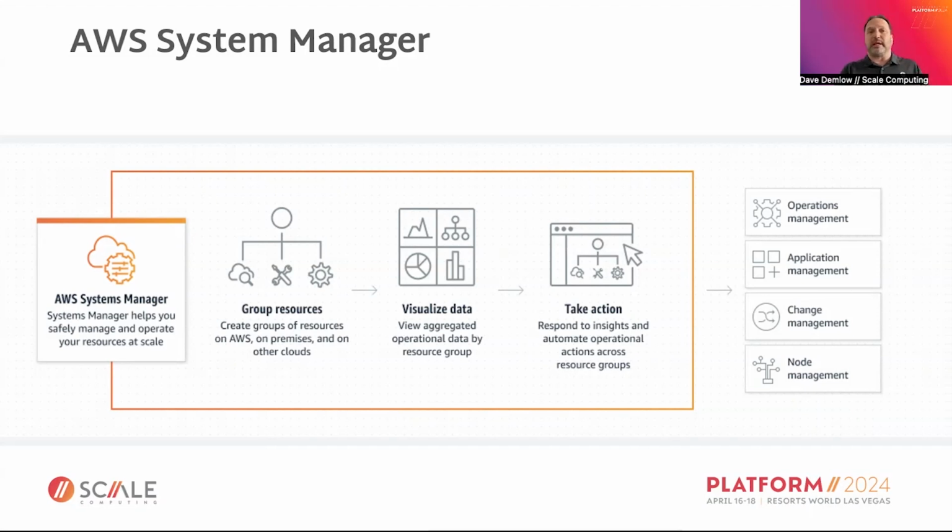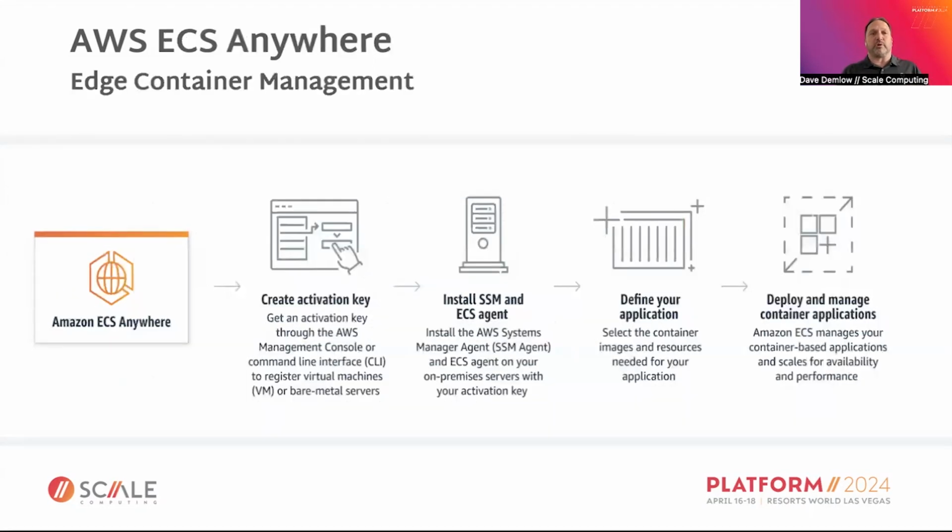One of the unique things that we see very commonly that leverages AWS Systems Manager is AWS ECS Anywhere. It stands for Elastic Container Services, and this is the same service that you can run on AWS to deploy ad hoc containers. With AWS ECS Anywhere, you can deploy the ECS Anywhere agent on the edge in a virtual machine on Hypercore.